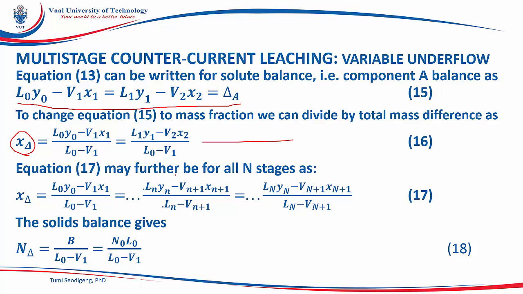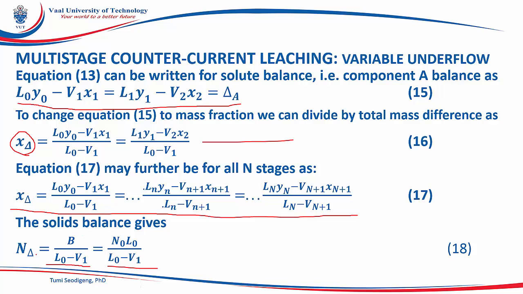Furthermore, equation 17 may be used as a derivation of equation 16 to do the X delta for all stages, starting from stage 1 to stage capital N. Then we can continue with the solid balance to find N delta, which here you see we have used stage 1, on the inlet and on the outlet, the two passing streams.